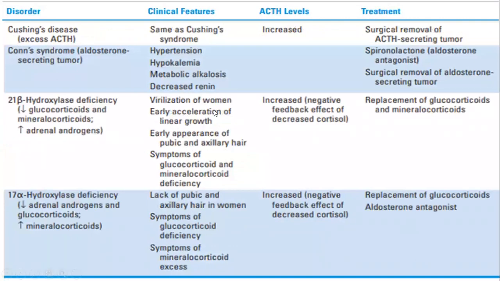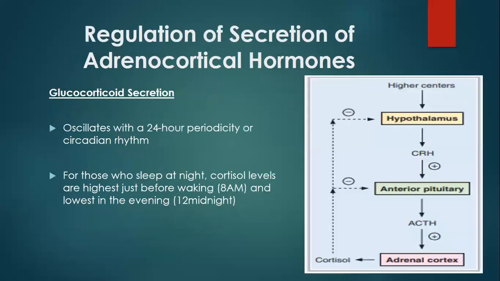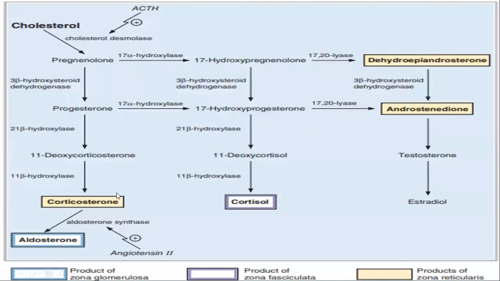Then we have 17-alpha hydroxylase deficiency. So your 17-alpha hydroxylase deficiency is characterized by a decrease in adrenal androgen and a decrease in glucocorticoid. So going back to this diagram, 17-alpha hydroxylase deficiency would lead to decreased androgen and decreased glucocorticoid. Because remember, your 17-alpha hydroxylase acts upon pregnenolone, which is converted into your androgens.